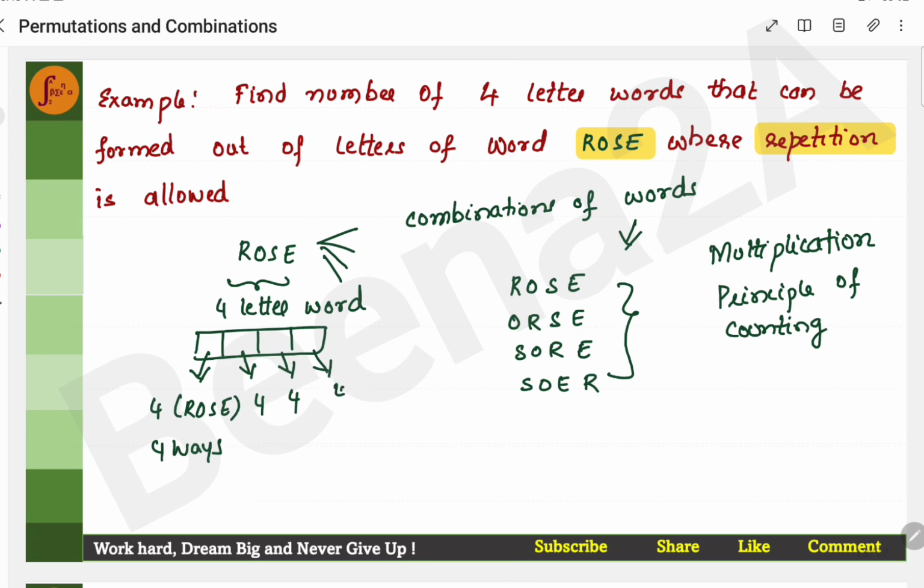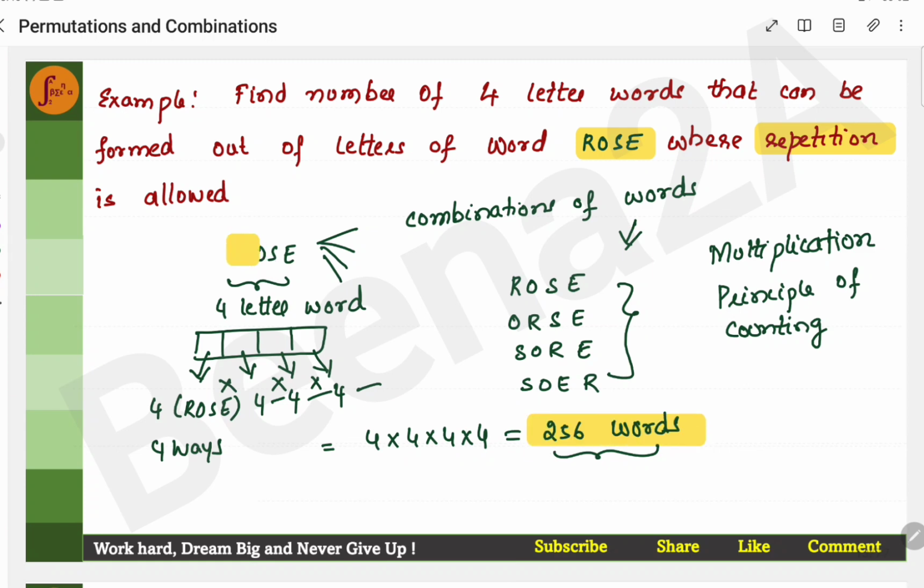Fourth letter, again, any of these 4 letters. So 4 ways, right? So now I'll multiply: 4 into 4 into 4 into 4, which is 256 words. I can actually form 256 words using these 4 letters with repetition.